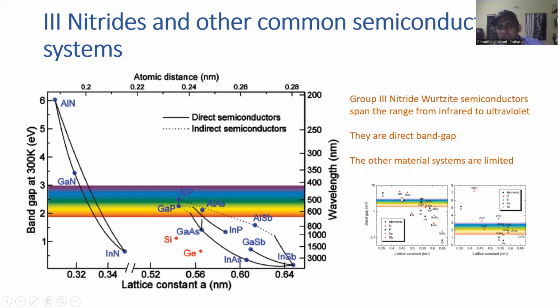Also shown on the right here are a wider range of material systems as far as band gap and lattice constants are concerned. So you can see the same kind of trend, and you can see that the nitride system is very ideal for realizing solar cells because they offer this design convenience over a wide range of energies that covers the solar spectrum.